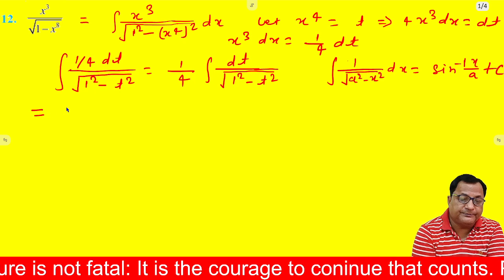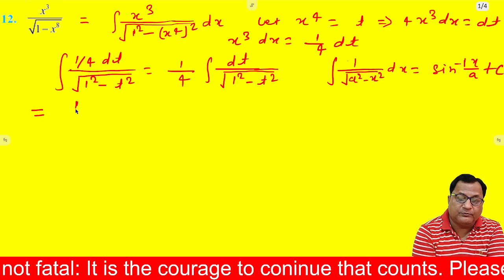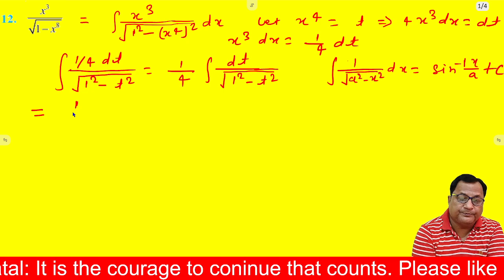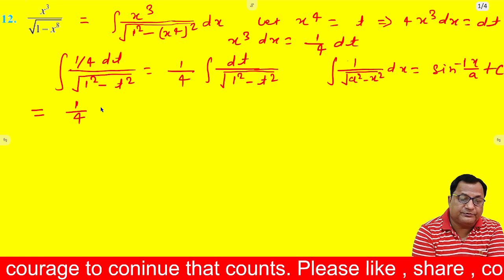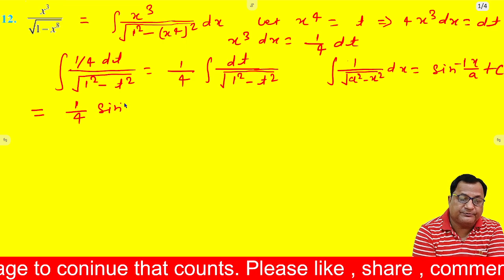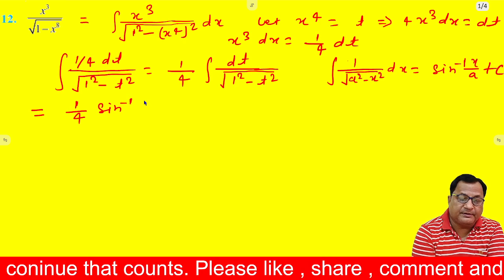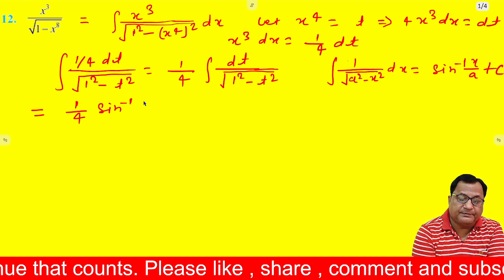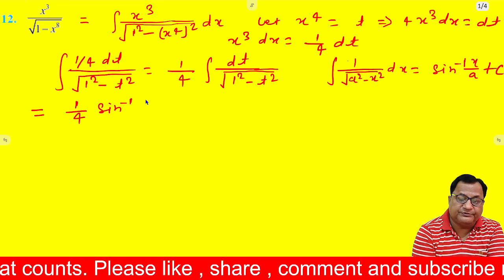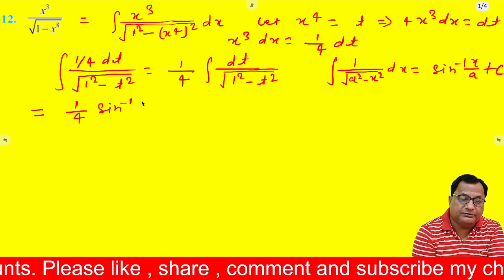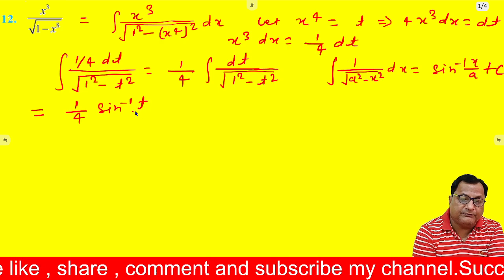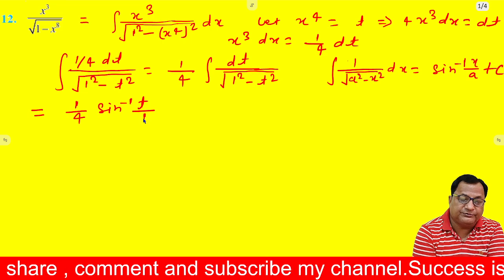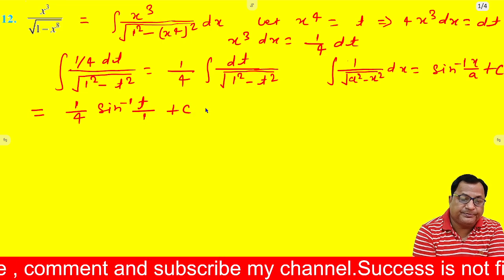So we will get 1 by 4 sine inverse x, in place of x here it is t, so t by 1, plus c.